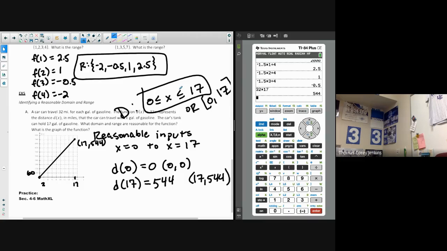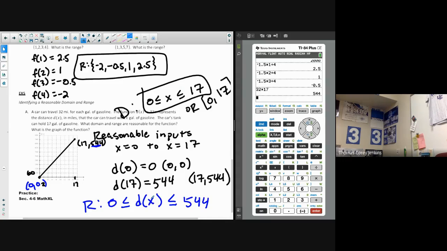And then my range is my lower and upper limit. So my range goes from 0, so my y is 0 up to 544. That would be an and inequality that looks like this. I'm going to wait till it pops up, and then I'll talk about what I wrote down there.